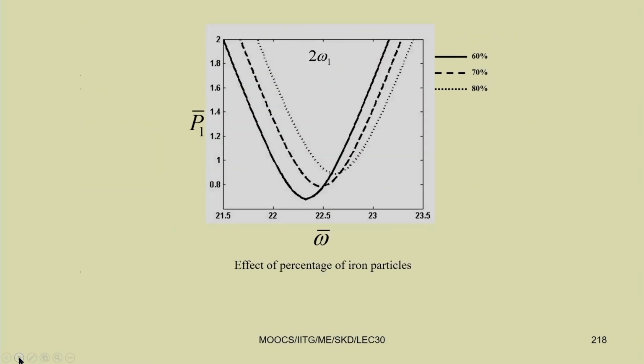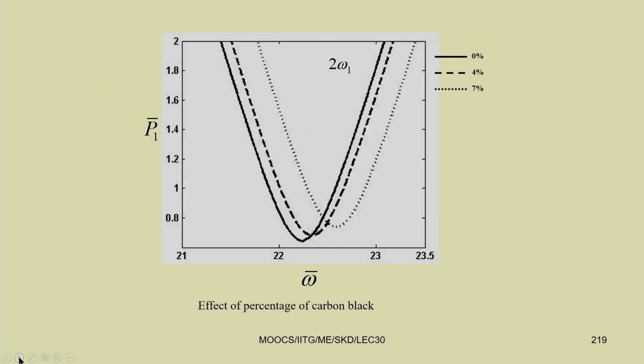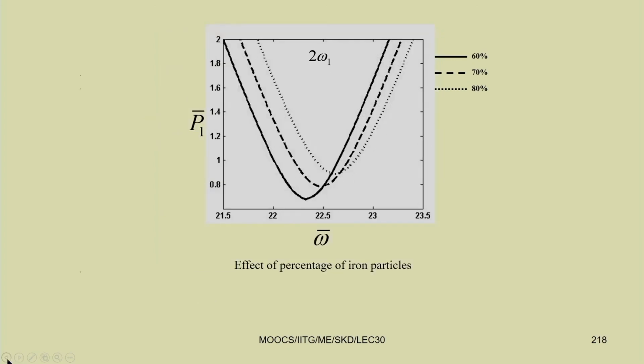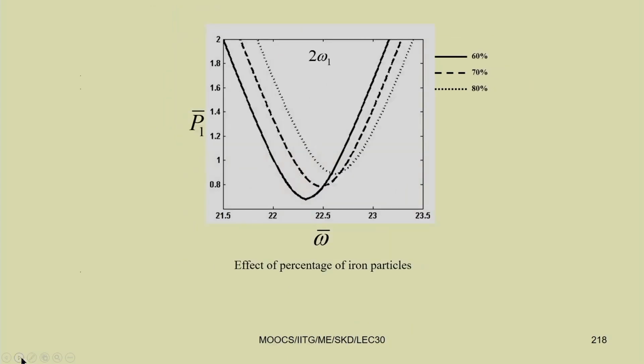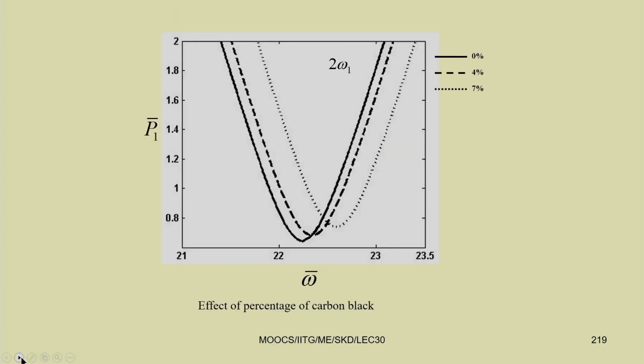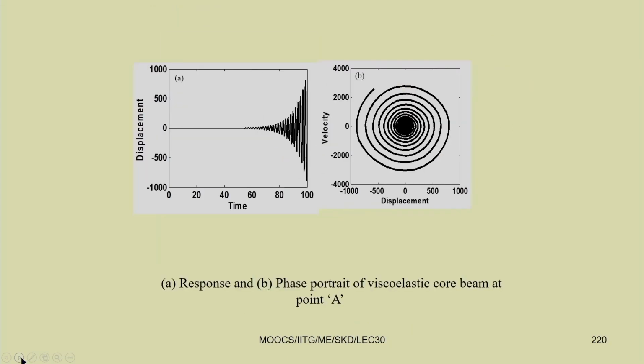This is the instability region you can plot with different effects, different carbon black, iron particles you have put, and also the magnetic field. By putting in the magnetic field, different iron particles, and different percentages of carbon black, you can see the response amplitude can be conveniently controlled.